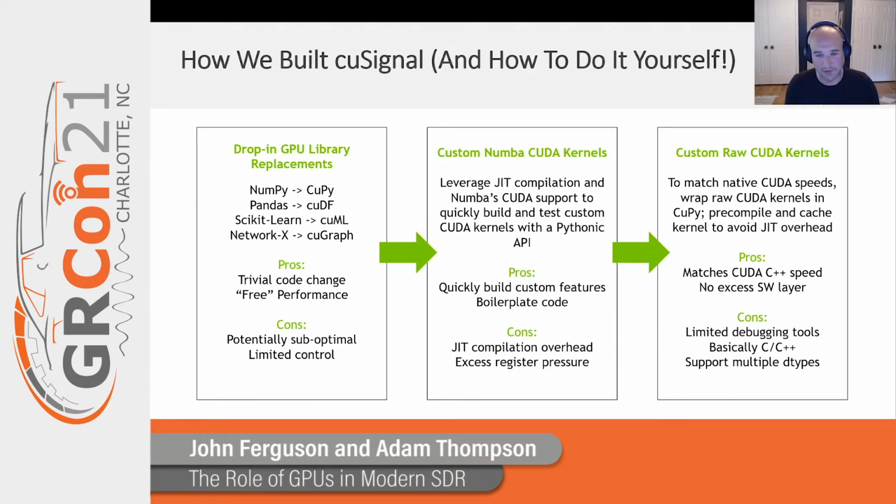If you're a data analytics person and use a lot of pandas, Control F for pandas and replace with cuDF, etc. These are free, trivial code changes that automatically give you GPU support. And underneath the hood, all CuPy is doing is calling the CUDA math libraries. So you're not having massive Python overhead in your application.